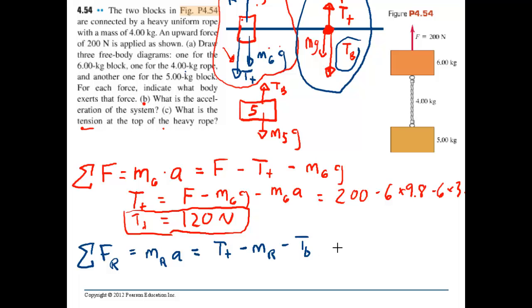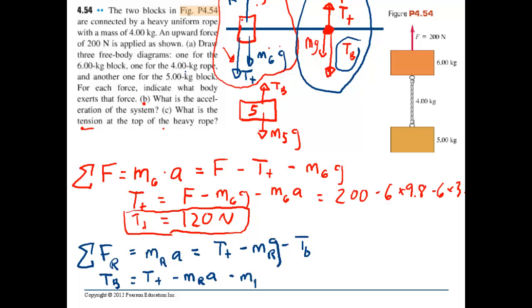And I can then say that the tension at the bottom of the rope must be equal to the tension at the top of the rope minus the mass of the rope multiplied by the acceleration. I forgot my gravity term right here.